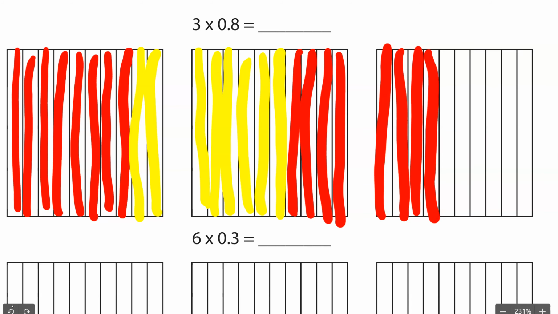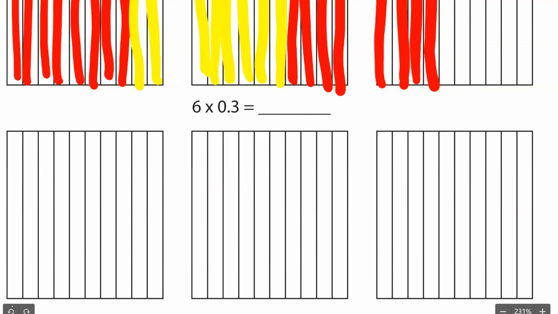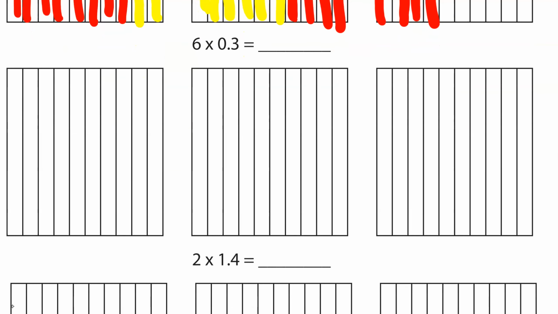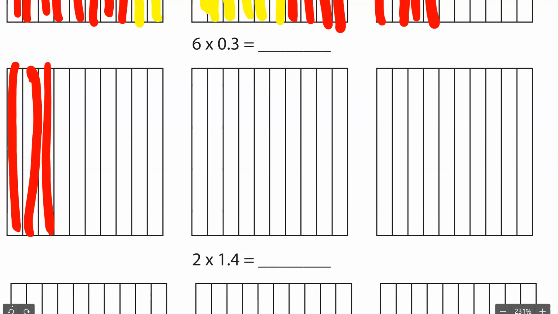One group of 8/10. 2 groups of 8/10. 3 groups of 8/10. I have 1 whole, 2 wholes, and 4 tenths. So 3 groups of 8/10 is 2 and 4 tenths. Moving along, 6 groups of 3/10. 1, 2, 3.